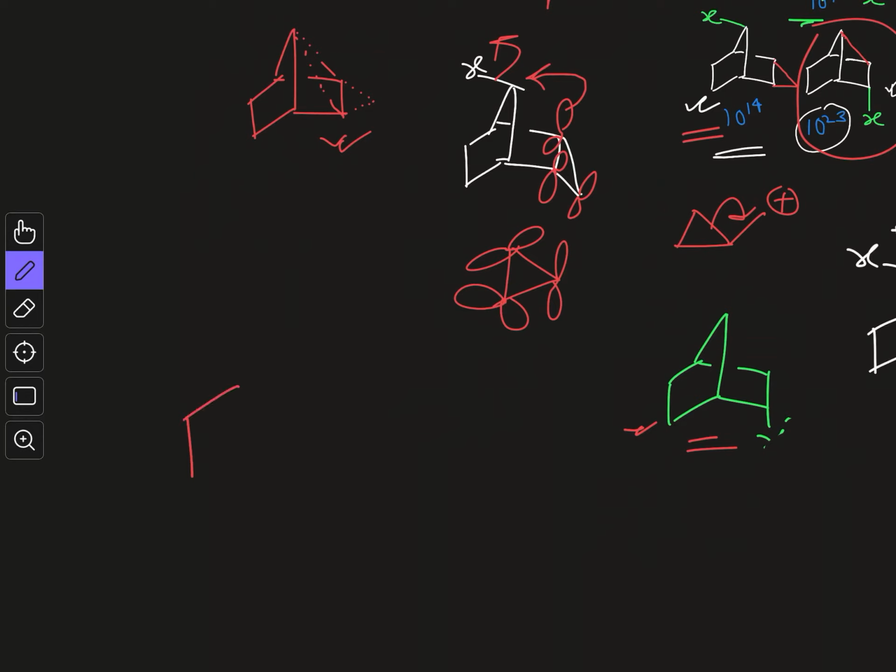So here all the factors are there. You can see this is the structure and this is the X. In the previous case we have seen that if you compare a pi bond and a cyclopropane system, generally we say that pi bonds are better at stabilizing a positive charge compared to a sigma bond.